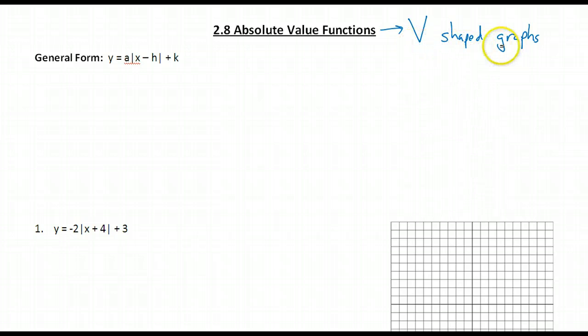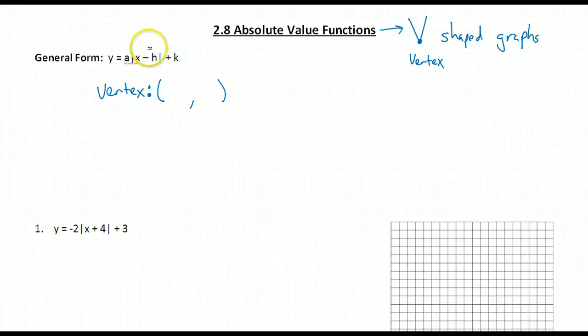To graph this V-shaped graph, we first need to identify this point right here. That point is called the vertex. In the general form of an absolute value function, the vertex is going to be an ordered pair, at the value h, k.